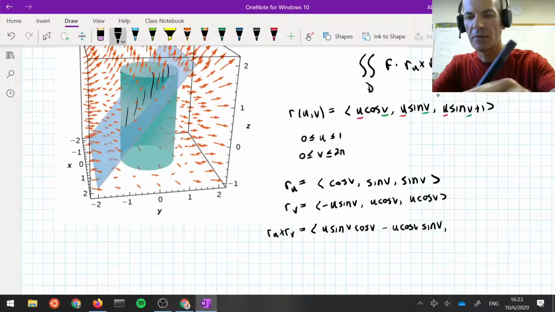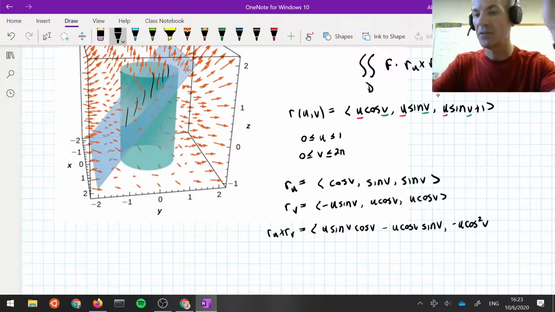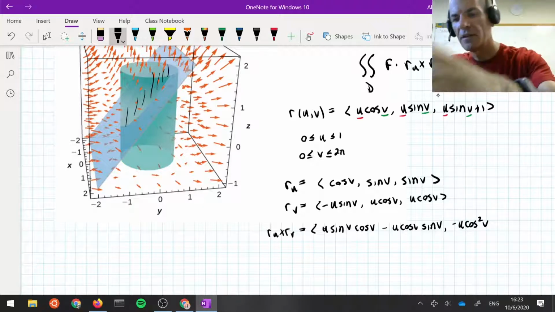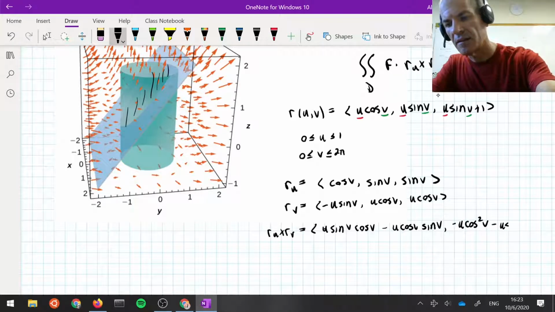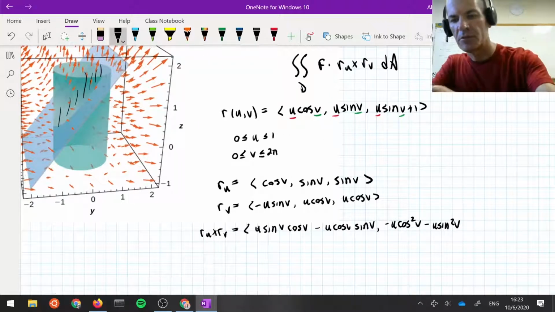Let's do the middle component. In the middle component, we have u cosine squared v, and there's a minus sign because we're doing the middle component. Lots of minus signs going on here. We have u sine squared v with another minus sign. Looks like we're going to get some simplification there.